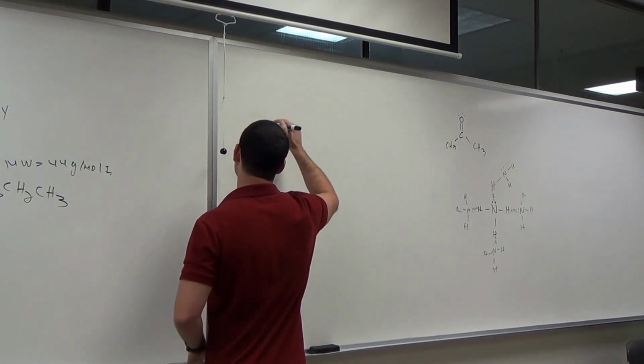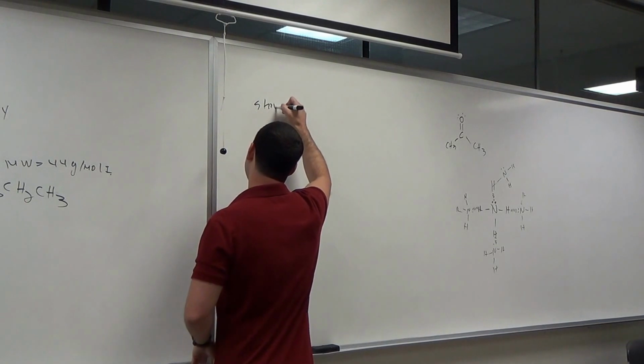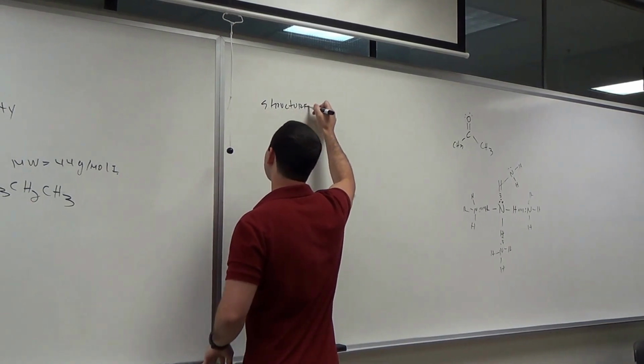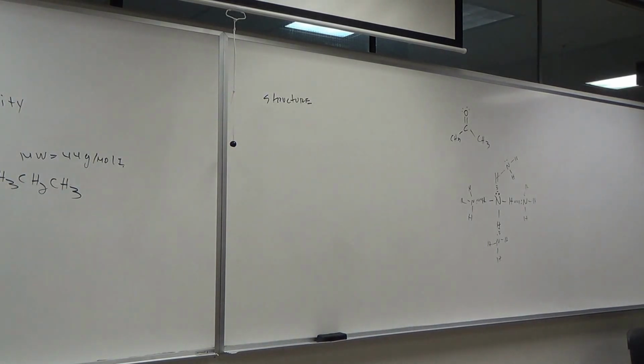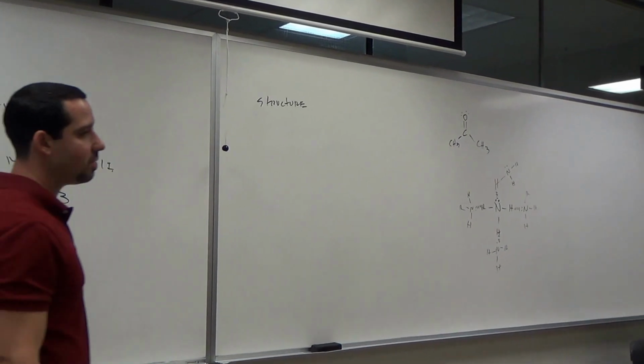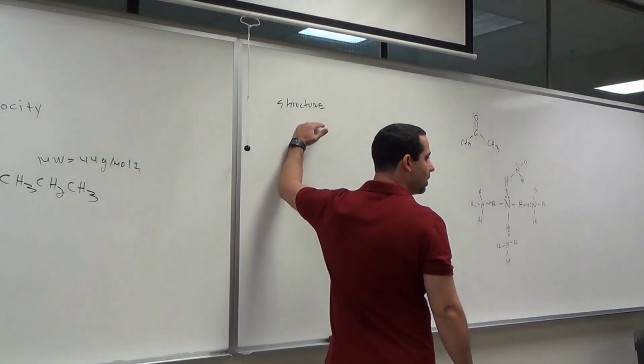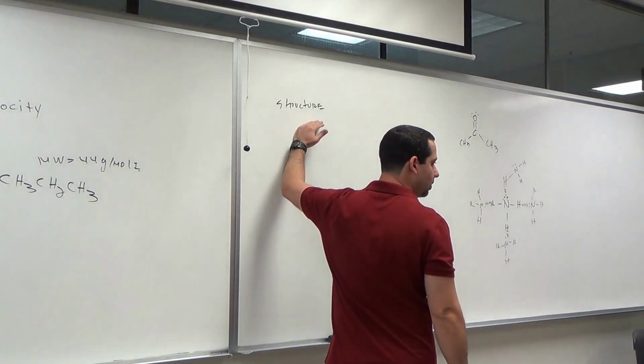So, here's what it is. I forgot to tell you. We talked about the same molecular weight. We talked about the same polarity, but I forgot to talk about the same structure. Most of the time, the structure has something to do with London dispersion forces, okay?